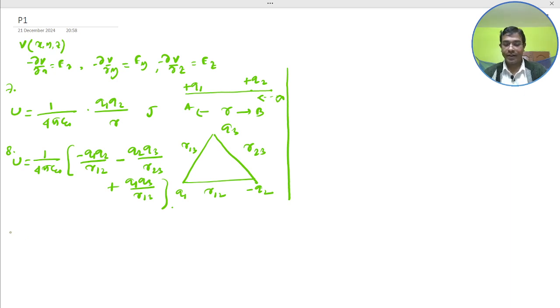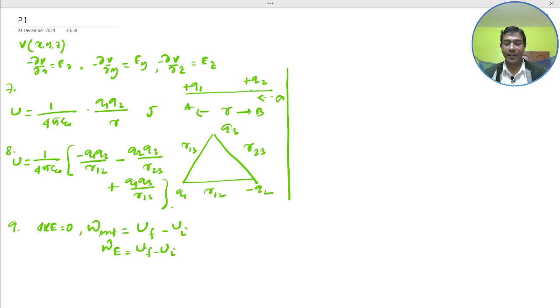Now work done in charging a configuration of charges slowly. Basically, the change in kinetic energy is equal to 0, so the W external is equal to U final minus U initial. Basically W E is equal to UF minus UI.